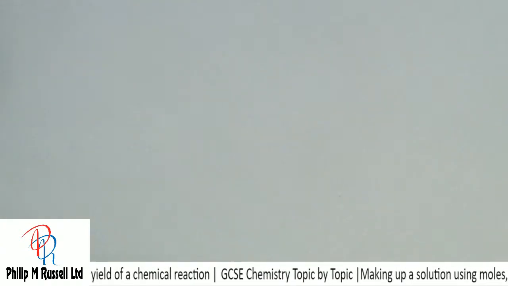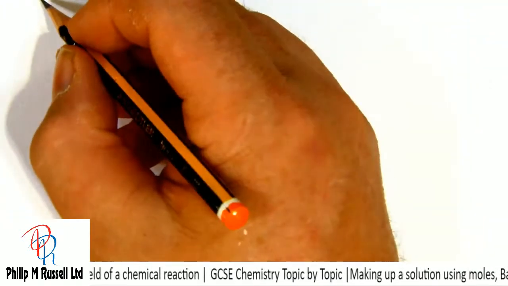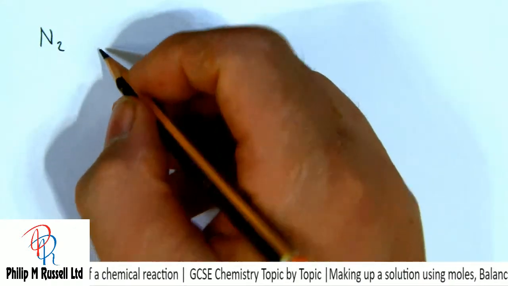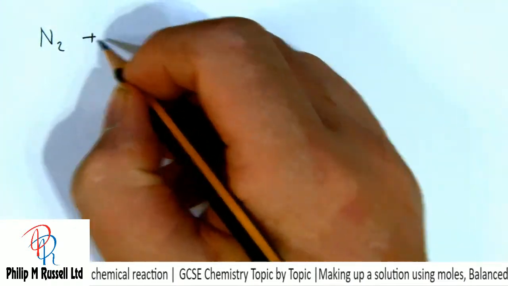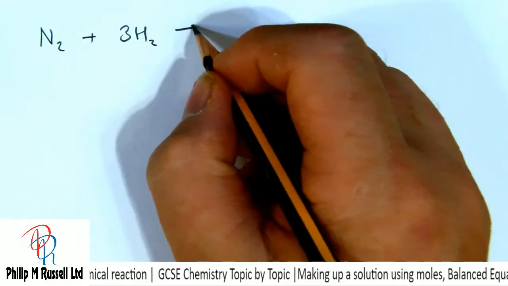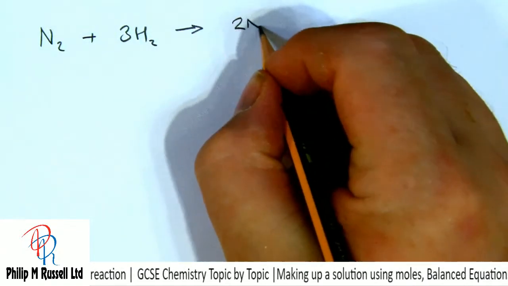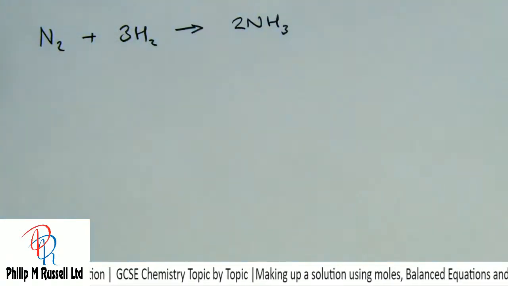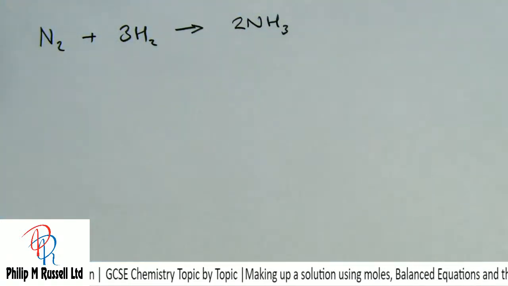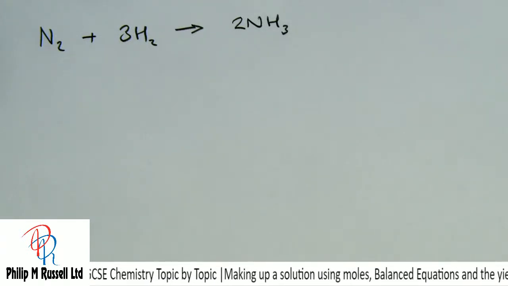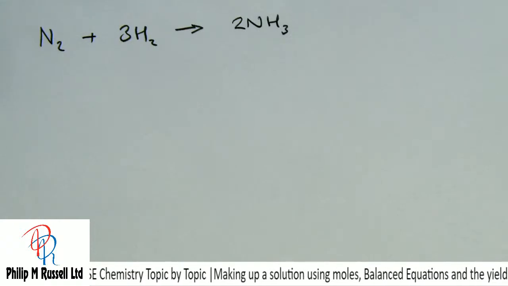So let's take a substance, and we're going to take nitrogen, and we're going to take hydrogen, and we're going to react these to form ammonia. And I want to work out the atom economy that we've actually got.